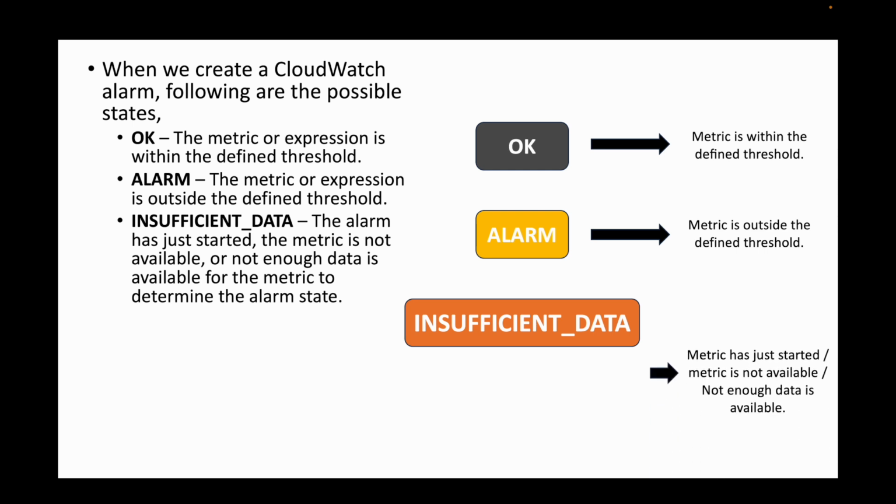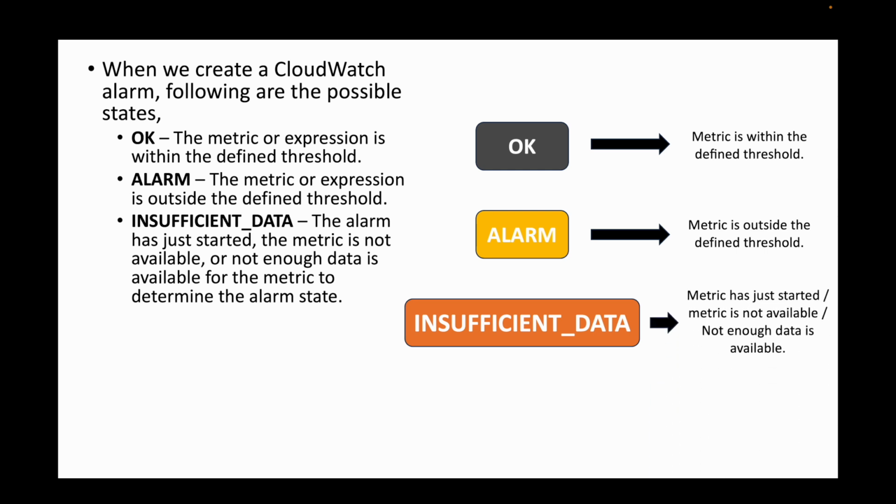Now, insufficient data could be for many reasons. Metric has just started, or the metric is not available, or not enough data is available to evaluate the state of your CloudWatch alarm. So whenever we create your CloudWatch alarms, these are the three possible states they will have.